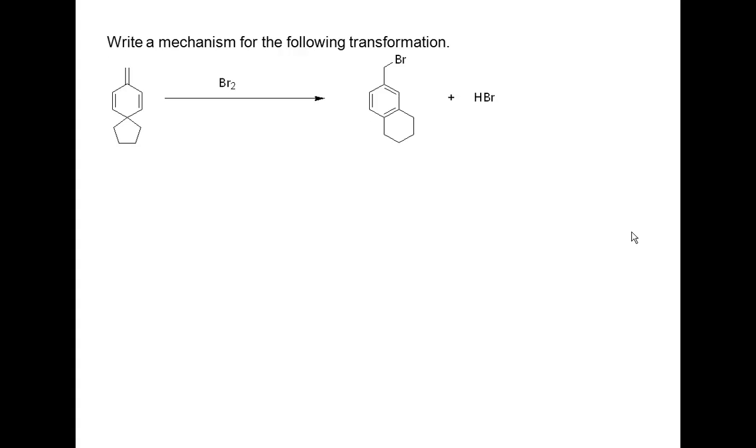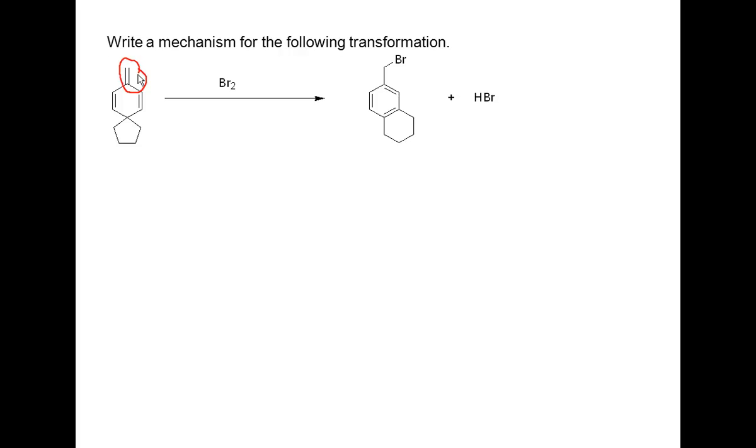Let me just offer you a hint here. This is the initial site of the reaction right here, that double bond, and you can tell that is where you're going to have to start your reaction because of where the bromine is in the final product.